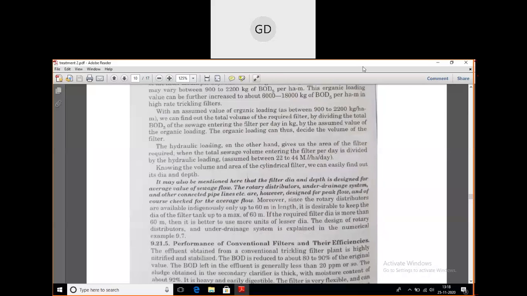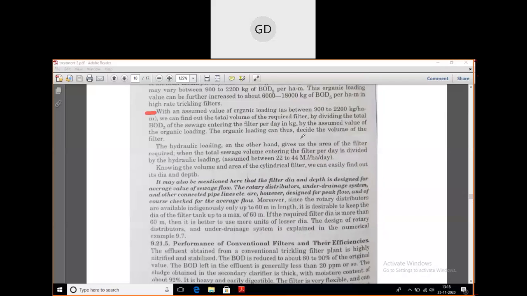So next, it's written here that with an assumed value of organic loading between 900 to 2200 kg per hectare meter, we can find out the total volume of the required filter.